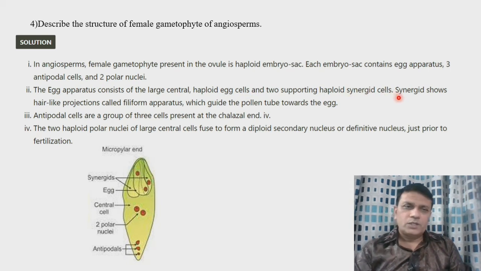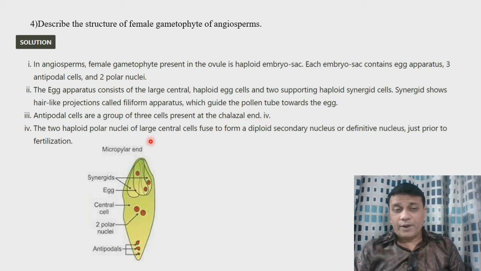Now synergids show hair-like projections called as filiform apparatus, which guide the pollen tube towards the egg or female gamete. Then the third point is, antipodal cells are a group of 3 cells present at the chalazal end.